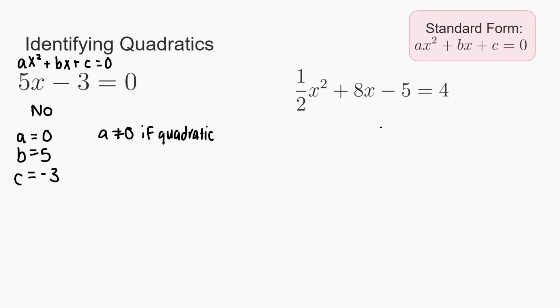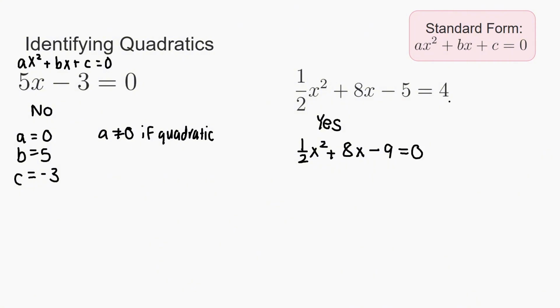What about this one on the right? 1/2 x squared plus 8x minus 5 equals 4. Is this quadratic? Yes, it is, because there's that x squared term right there. But let's move this over so we can identify it properly and make it equal. This is 1/2 x squared plus 8x minus 9.